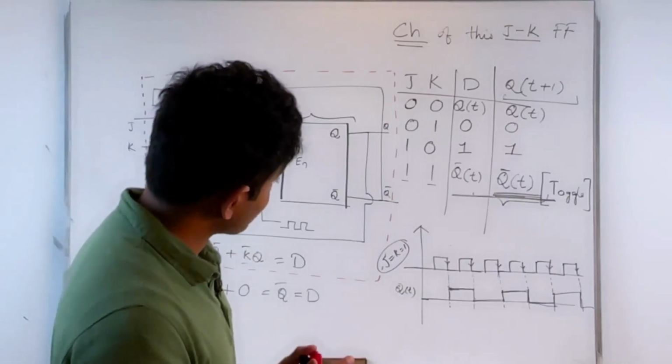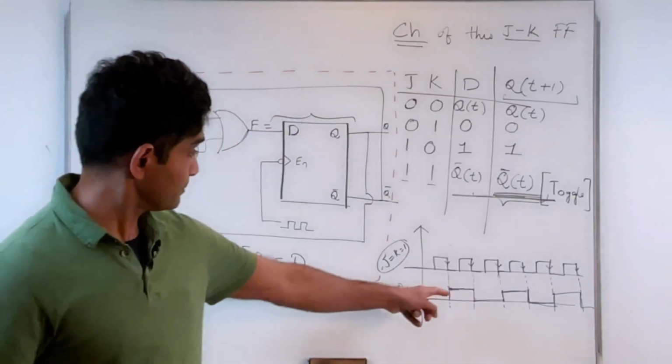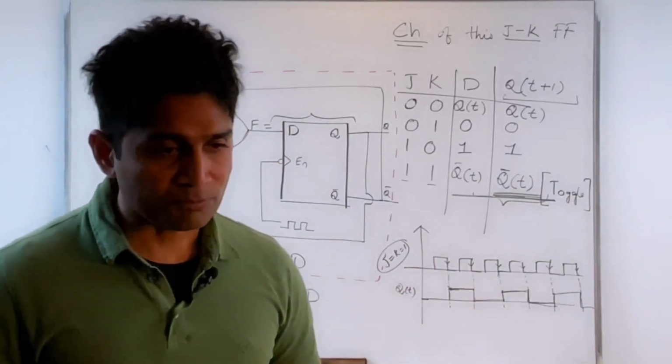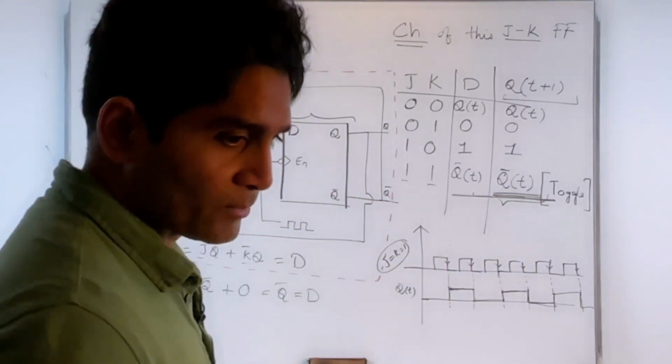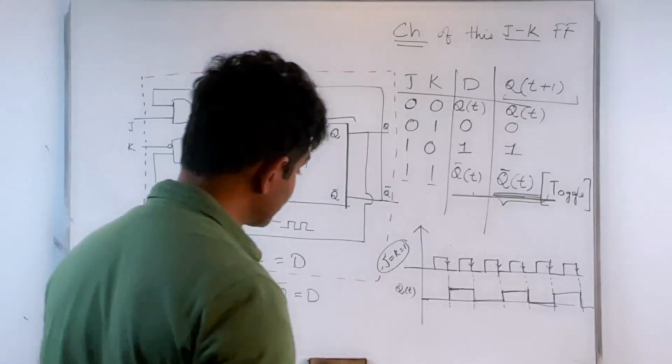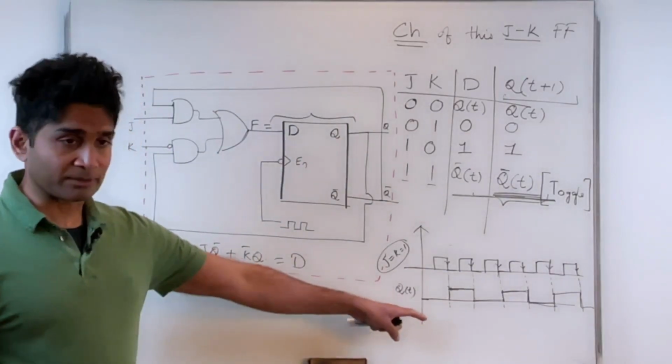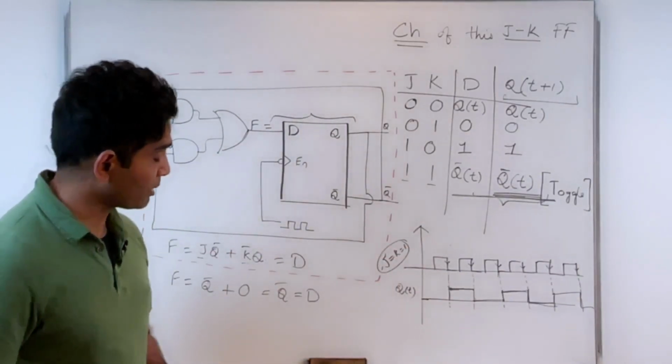Do you see any difference? Are they the same? Obviously, they're not the same. That's my clock, and that's what I'm getting for Q of t, toggling with every active edge. Still a square pulse, however something different compared to the master clock.